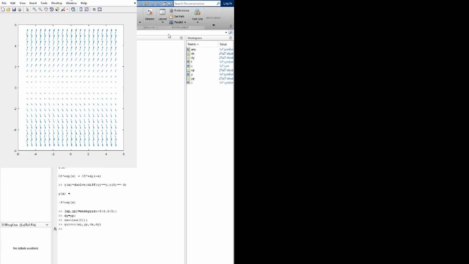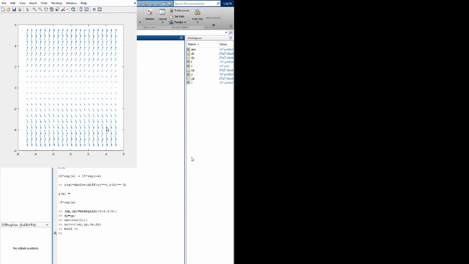Except I also want to be able to plot my function y on here as well. Now, if I want to overlay one graph on top of another one, I need this hold command.